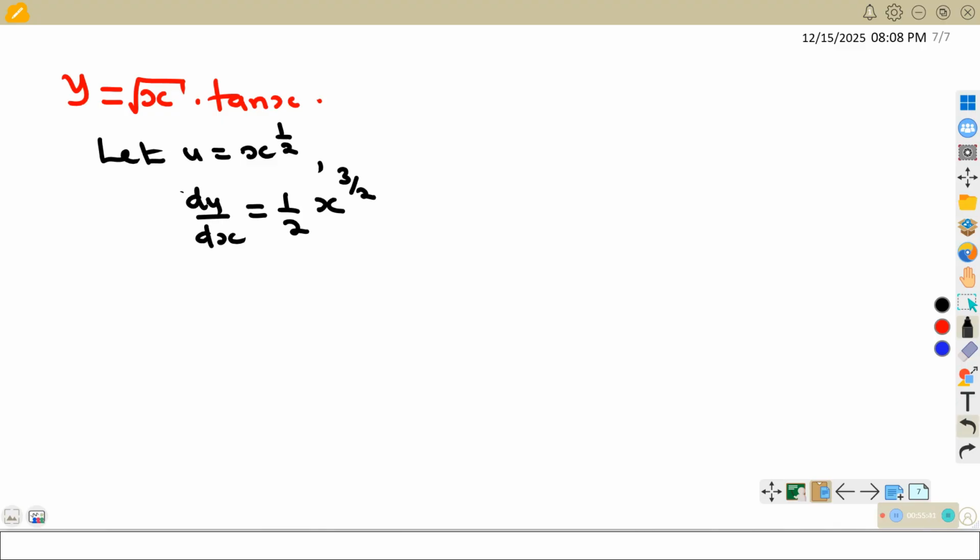Are you deceiving us? Negative half? Yes, that should be negative half because we reduce 1 in the power. So this is x to power negative half.